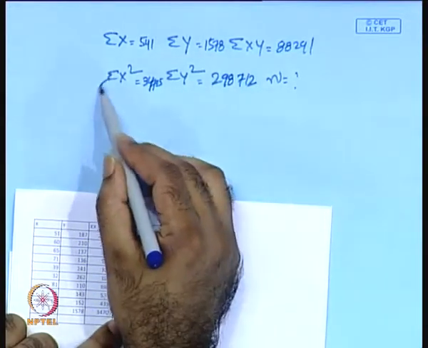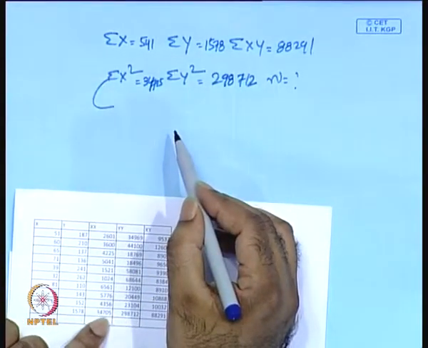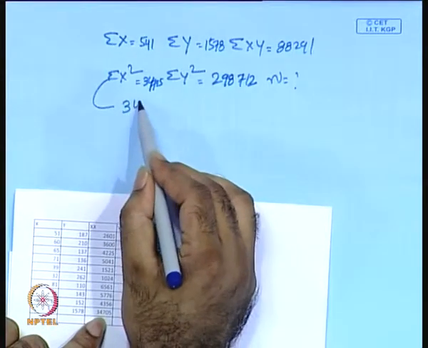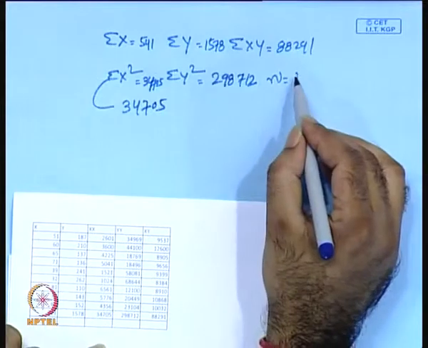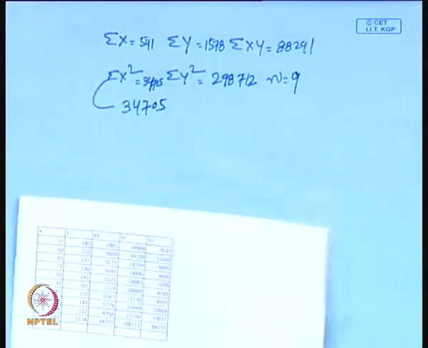So, summation x square is 34705, and n is 9 here.